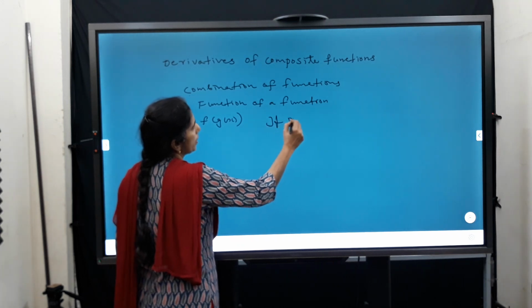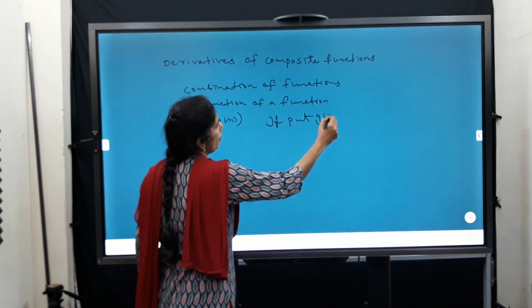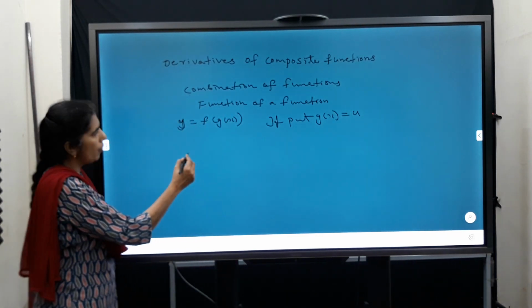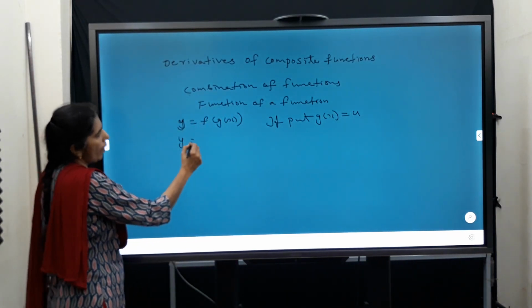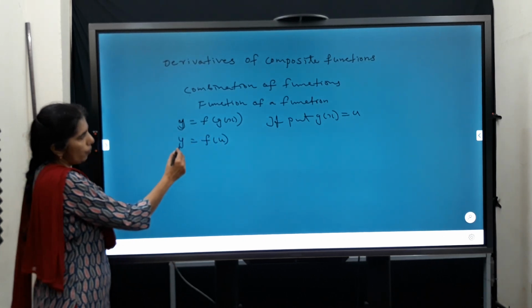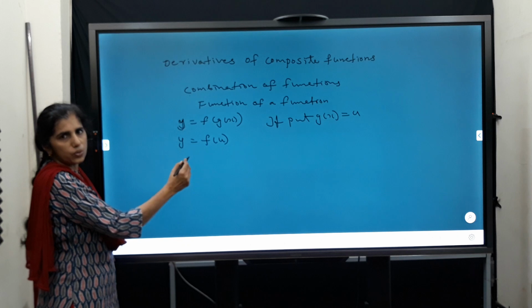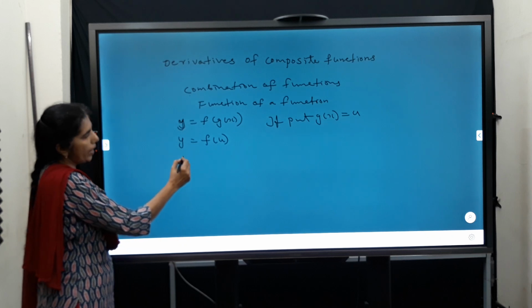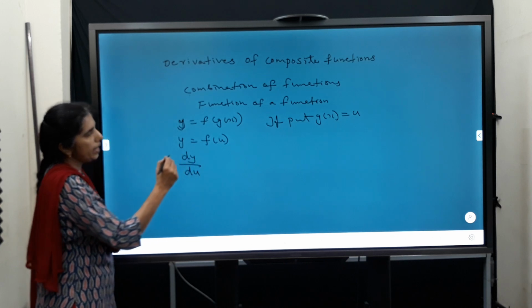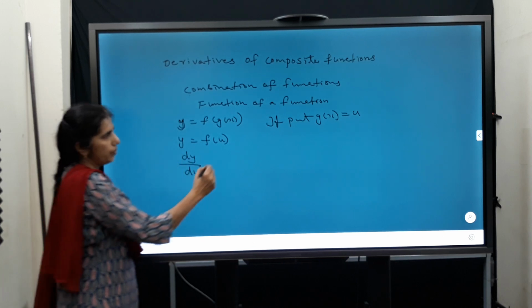If we put g of x as u, then we can see that y is equal to f of u. Y is a function of u, so we can differentiate y with respect to u, that is, we can find dy by du.